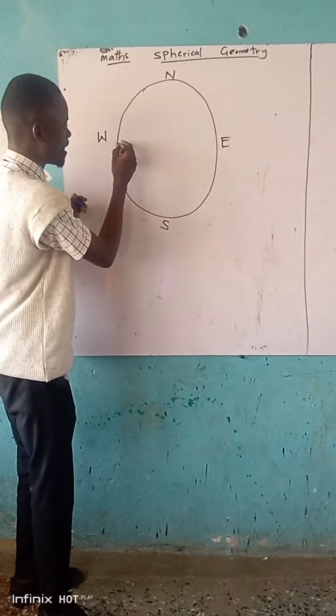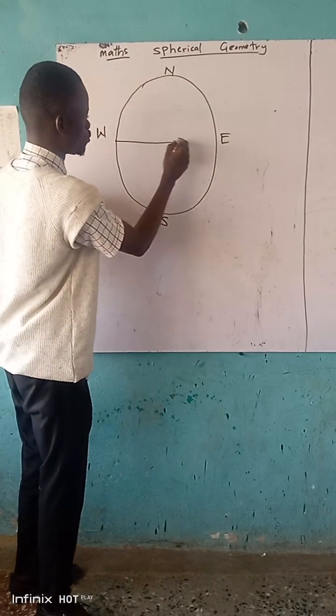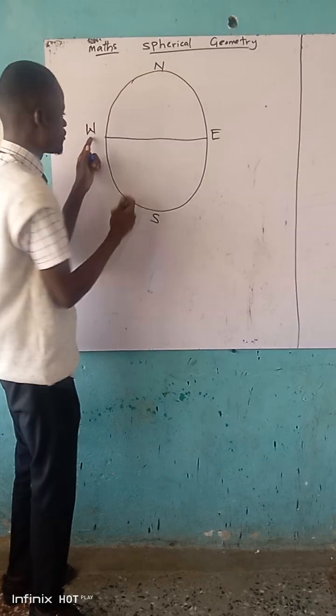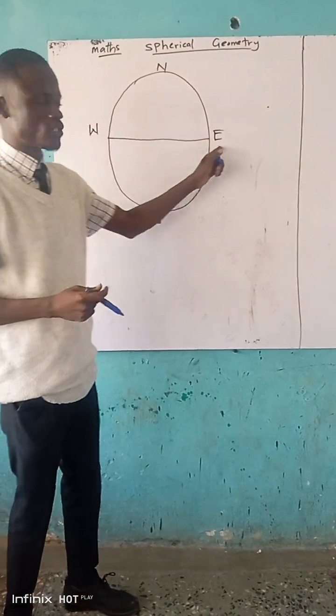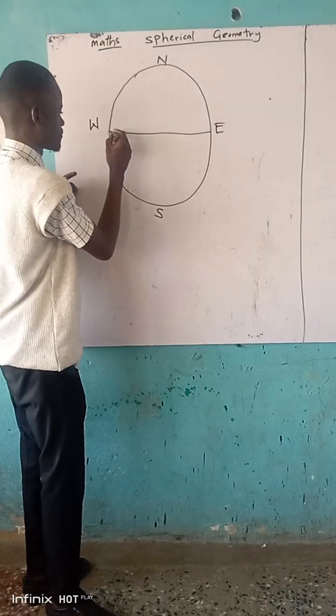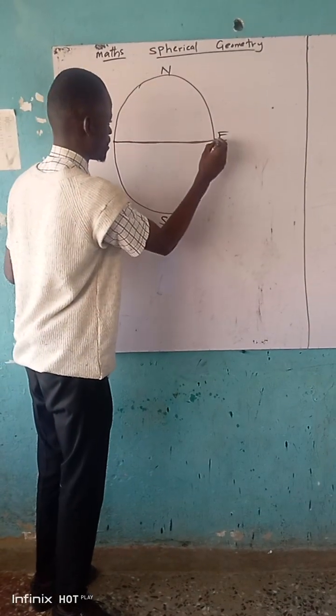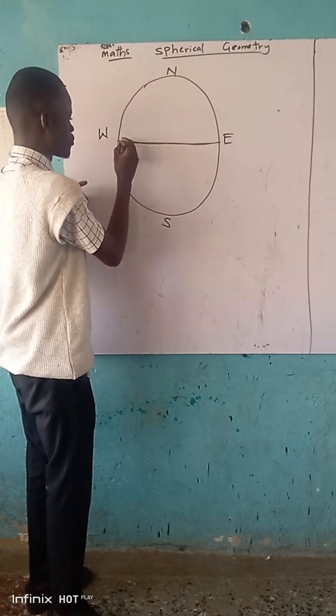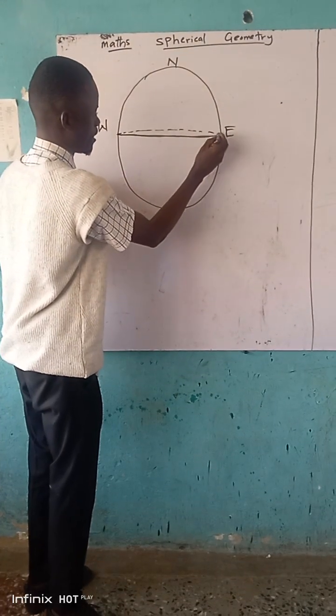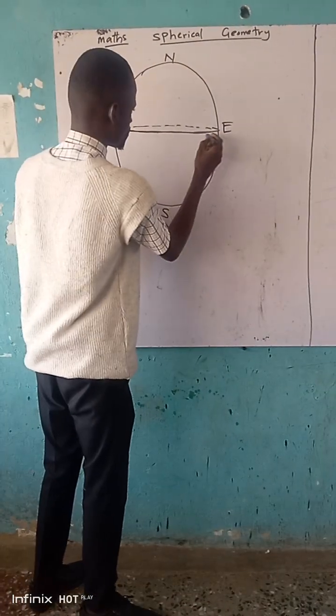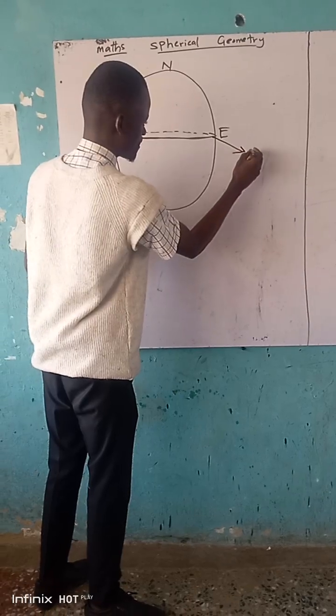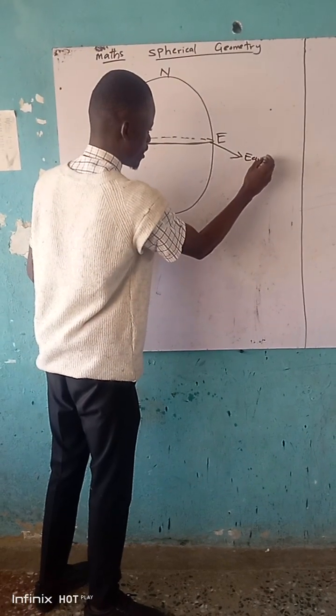The line that divides the globe into two equal halves, running from the west down to the east, is what we call our equator. So this one is our equator.